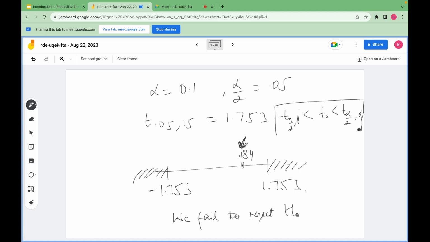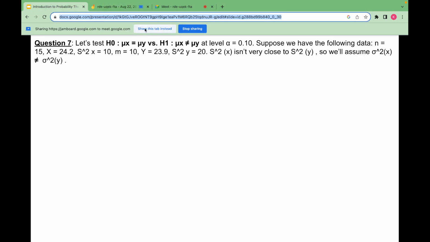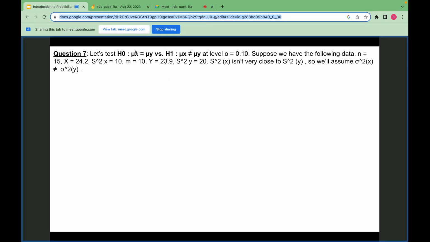So our T naught lies in this range, and we fail to reject the null hypothesis. Our conclusion is that the average of x and the average of y are equal.